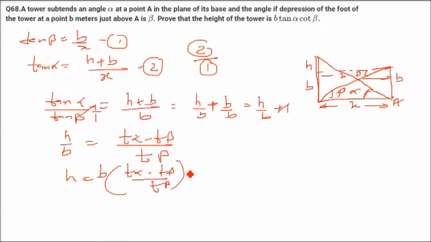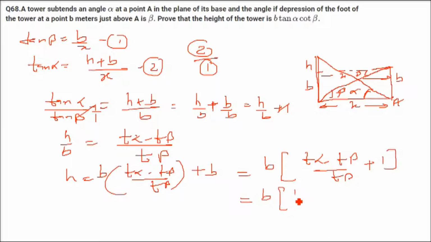So this is the height, but we have to add this B also to this height. So let me add a B. This will be equal to, taking B outside, tan alpha minus tan beta by tan beta plus 1. This is going to be B times tan alpha minus tan beta plus tan beta by tan beta.